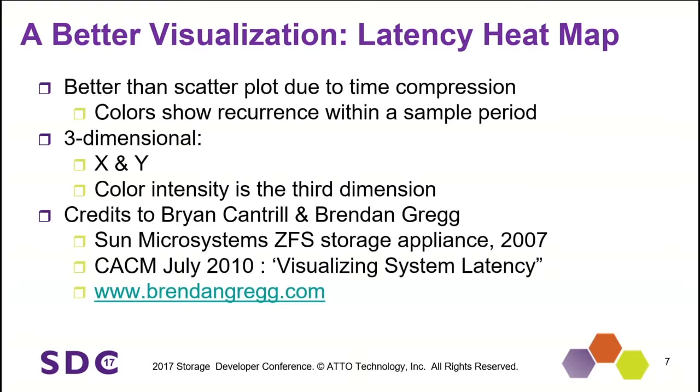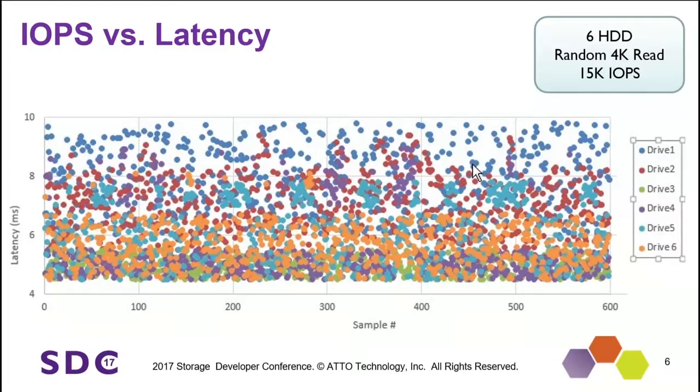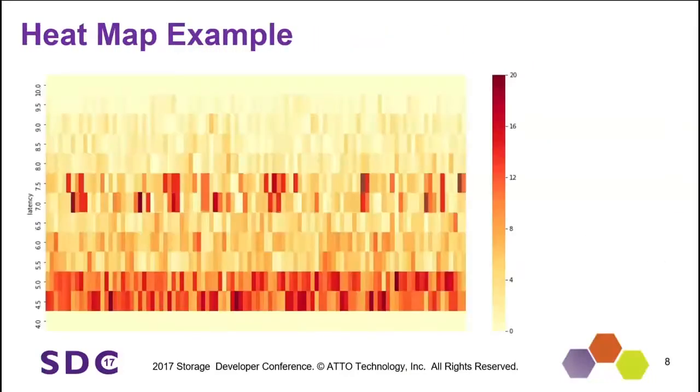It's really good, and I'll show you. Let me pull it back up to this point-to-point plot. That's really messy, and it's difficult for us to see any patterns in that. But when I go to a heat map, suddenly I see something really neat. Now I've got a big bunch of latencies down in this region here. Full disclosure, it starts at 4 because I wanted to fit it on the slide, so it doesn't start at 0.